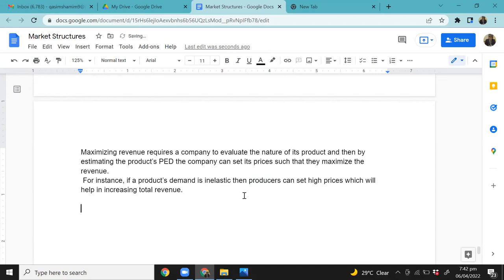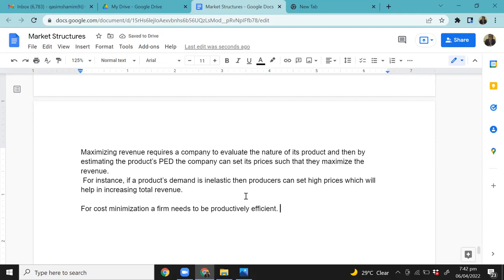Then moving forward, for cost minimization, a firm needs to be productively efficient. So we do know what productive efficiency is. If not, I'll explain it right over here.